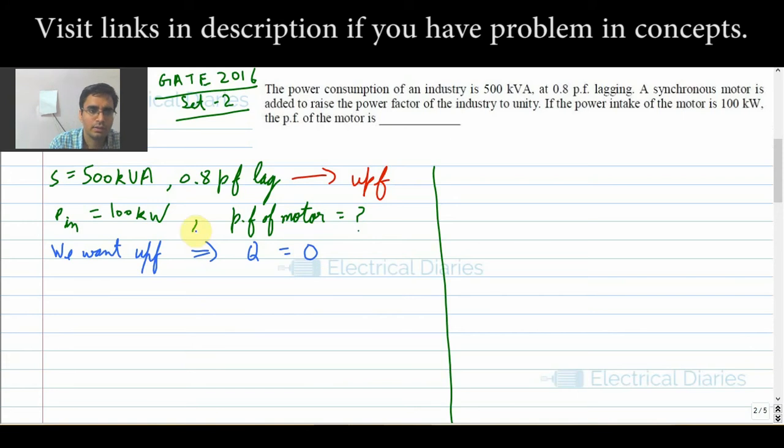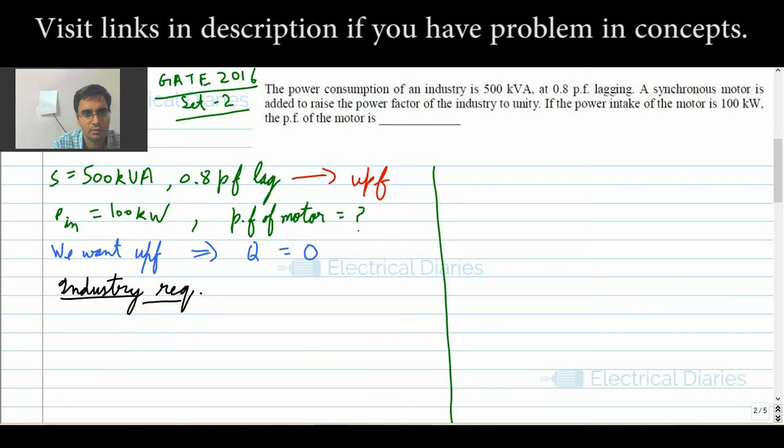In this question one thing is very much clear to us, that we will operate this synchronous motor as a synchronous condenser. That is, it will act like a capacitor and it will deliver the lagging reactive power. The amount of lagging reactive power given by the motor will be equal to the amount of reactive power that is desired by the industry. So we should first calculate the industry requirements.